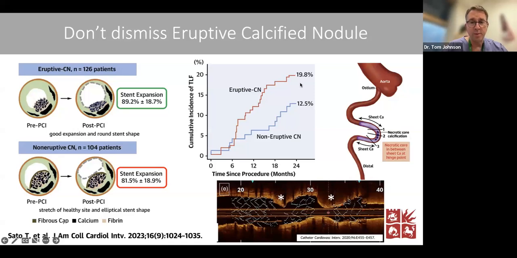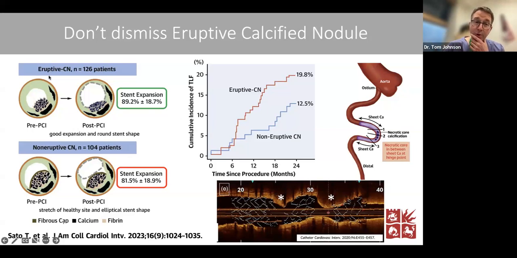The hypothesis is that the eruptive characteristic of the calcium is because it's on an area of mechanical stress, and you then place the stented segment under that same stress long term, so that we see this re-eruption, this fracturing of the stent and re-protrusion of calcium that develops in those areas.